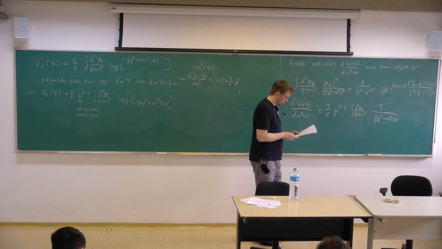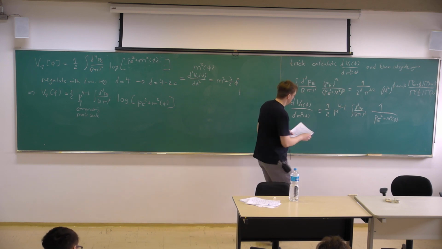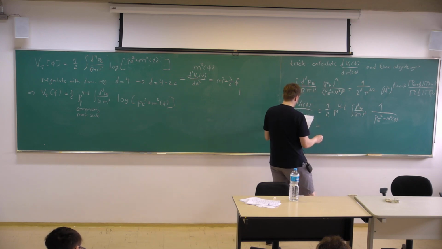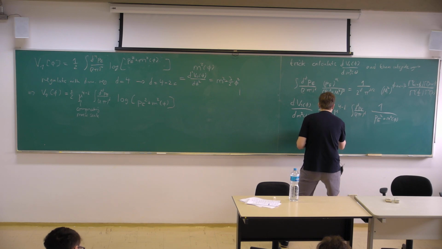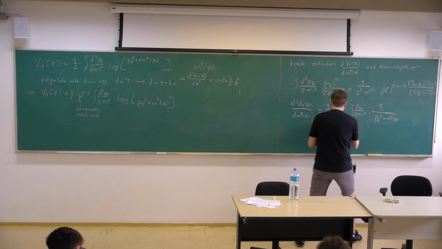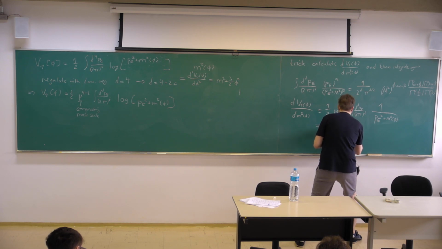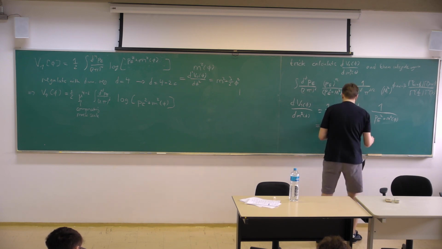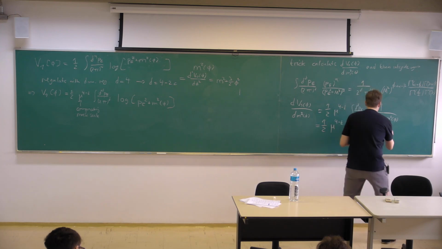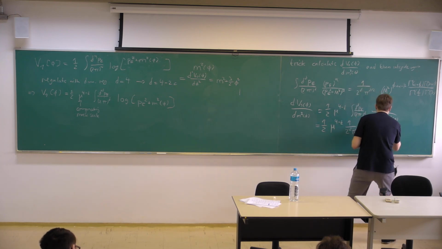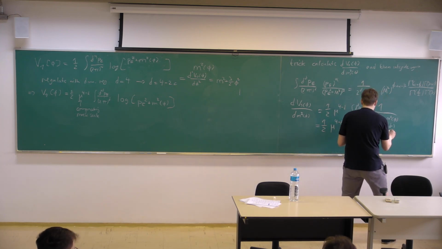And what I find, just write it down, you can check it yourself. It's very straightforward. So I get d minus, sorry, what is this?